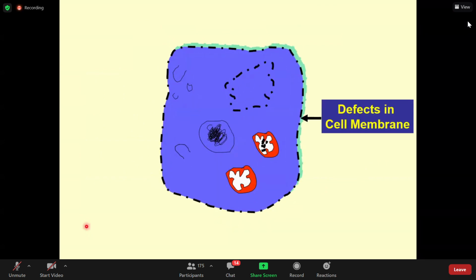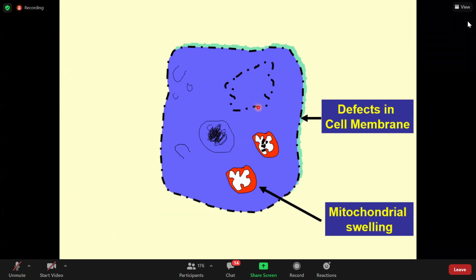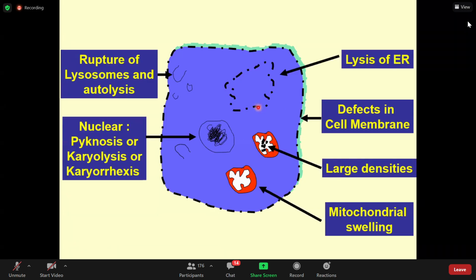Here's an example of that, and you can see that the changes that were seen in the reversible cell injury have now definitely increased in severity, right? You look at the membranes, and you will see that the membranes are much more degenerated than what you have seen in reversible cell injury. You look at the nuclear chromatin, and it is no longer just clumped.